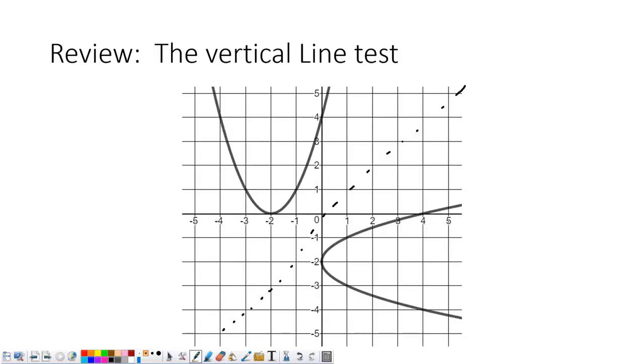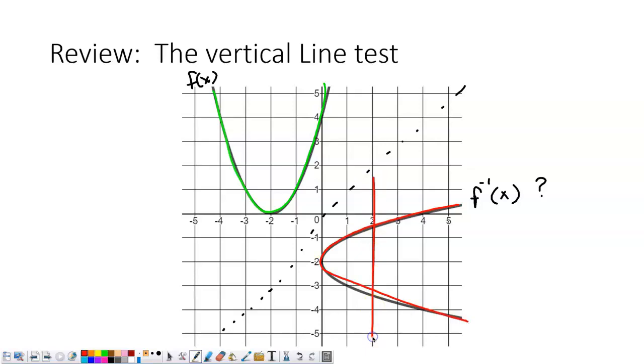Now, not every function can have an inverse. And here's why. Because even though this graph over here on the left is a function, because it passes the vertical line test, the problem is that whenever I draw its inverse, it does not pass the vertical line test.